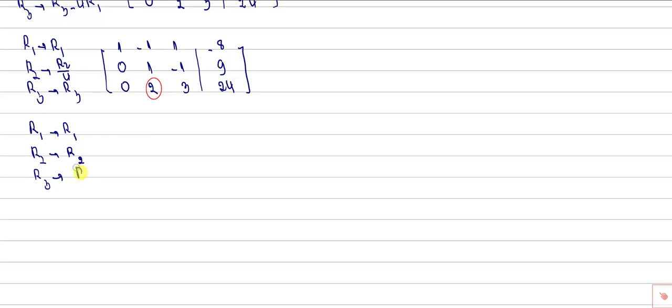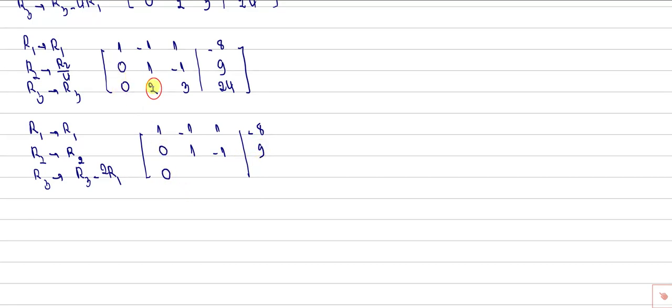I just R3 minus 2 R2. So we got arrangement matrix is 1, minus 1, 1 and minus 8. This one is 0, this one is 1, this one is minus 1, this one is 9.